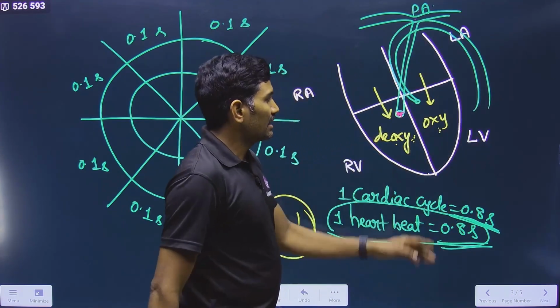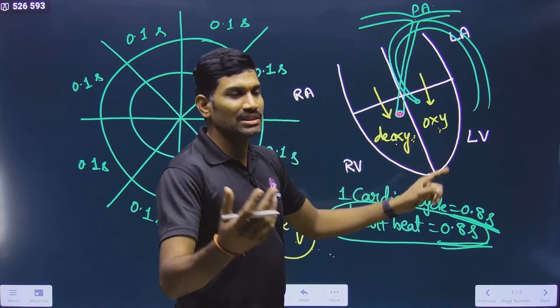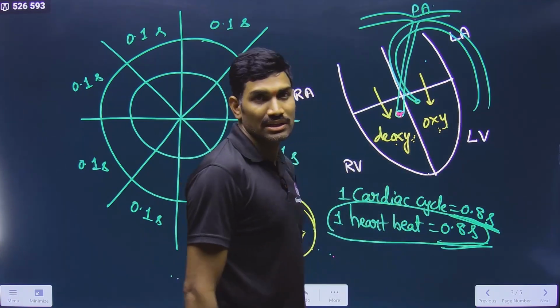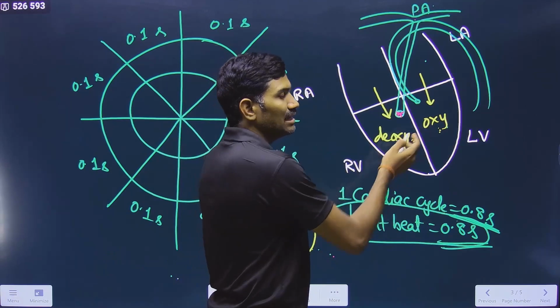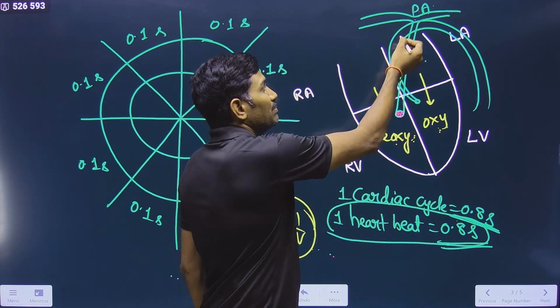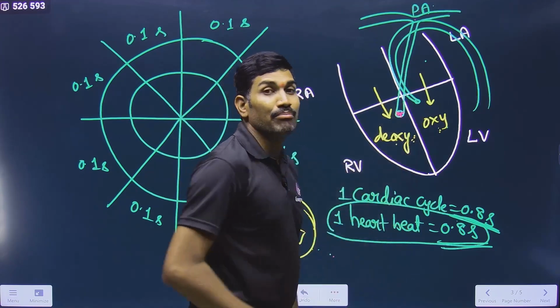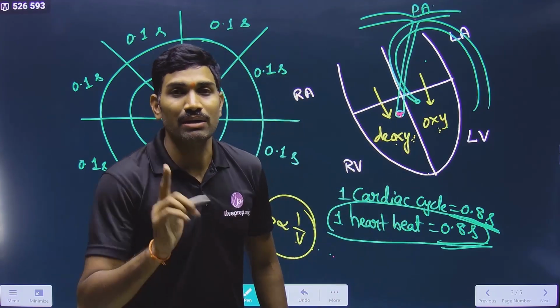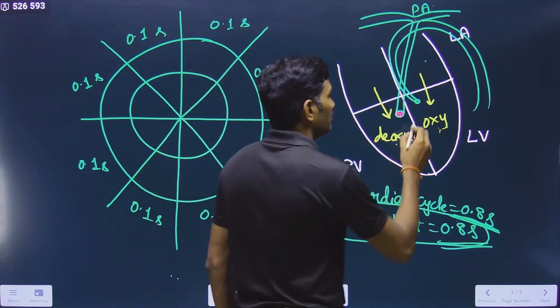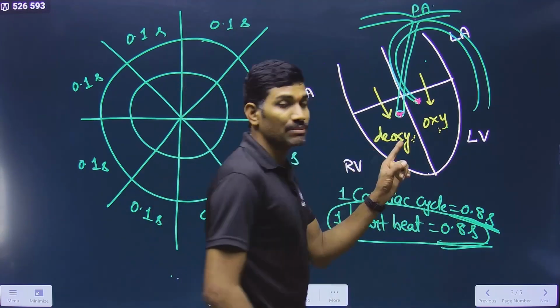Here also in the left ventricle, pressure is less, that's why oxygenated blood from the left atrium is coming into the left ventricle. But by the same logic, there is a chance that blood present in the aorta can come back, but it should not happen. That means here also semilunar valves are present.